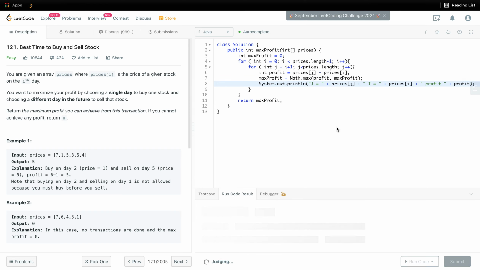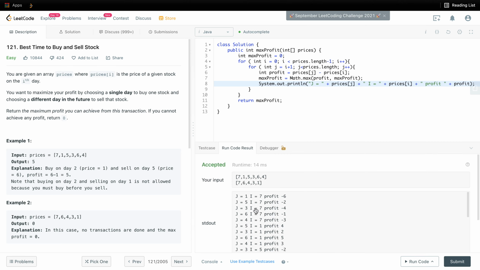Let's try running it. As you can see, initially i was 7, and then I compared it with all the possible selling points, and we got only losses, so we ignored it. Then in the next iteration i was 1, and for all the selling points we got profit, but the maximum profit was 5, so we considered it as max profit.